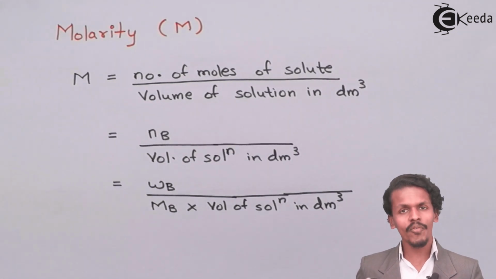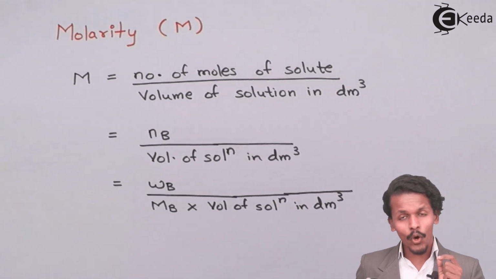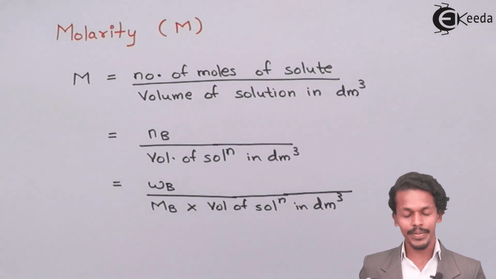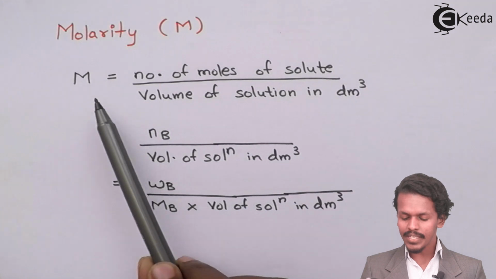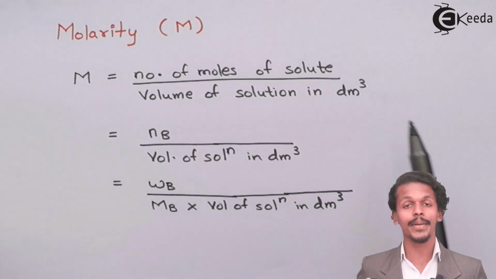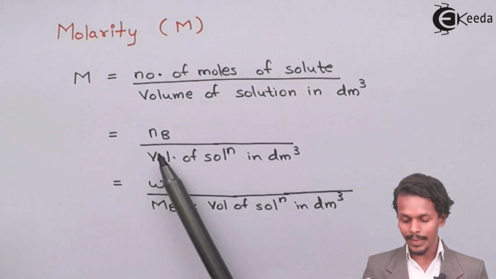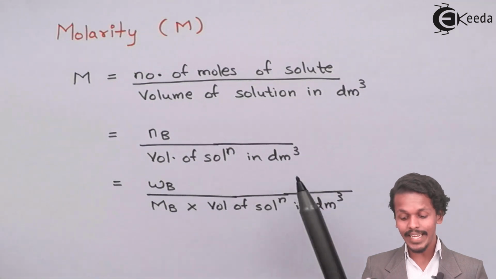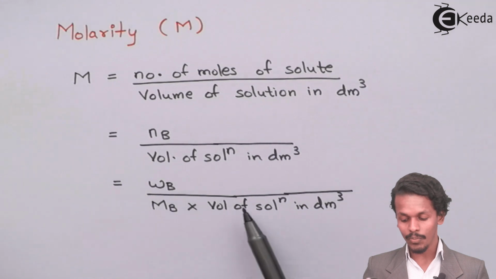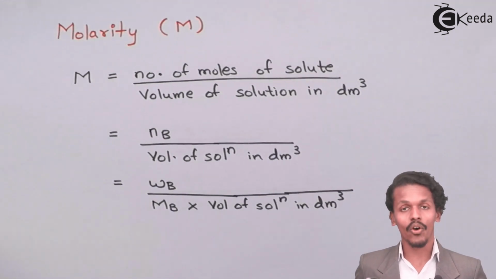Molarity means the number of moles of solute dissolved in the volume of solution in dm cube, and dm cube means liter. So molarity is Nb divided by volume of solution in dm cube, and we can elaborate Nb as Wb divided by Mb, into volume of solution. These are the various ways to describe the molarity of a solution.